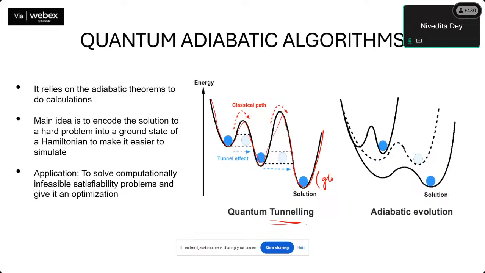This one, and this is your solution. But in simulated annealing, if you are here, you will assume this is the best one and you have got your solution, not knowing there is an even better one. But in quantum, because of the tunneling effect, whenever we are here, we are also here.